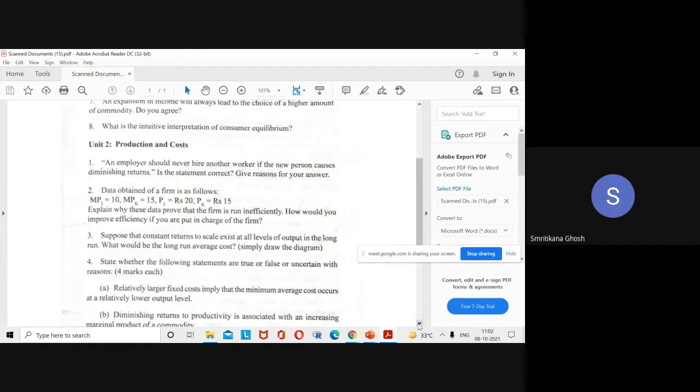Diminishing return is okay, we can accept it, provided MPL is positive. If diminishing return and MPL is negative, then we should not go there. Diminishing return means MPL is downward sloping. In stage 2, MPL is downward sloping, so there is no problem with that. But if it is downward sloping and negative, then obviously this is rejected.